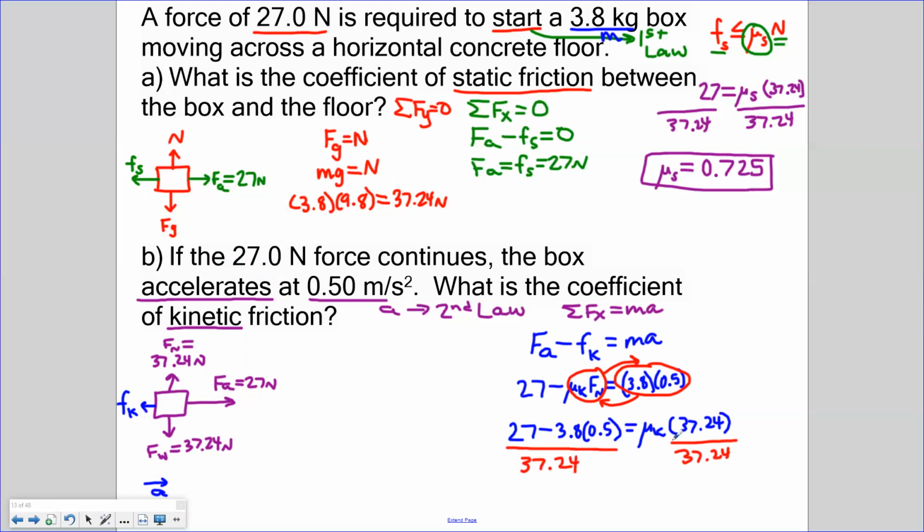Make sure you divide the entire numerator in parentheses in your calculator if you do it all in one step: 27 minus 3.8 times 0.5, those parentheses. And we get mu k, the coefficient of kinetic friction, is 0.674.